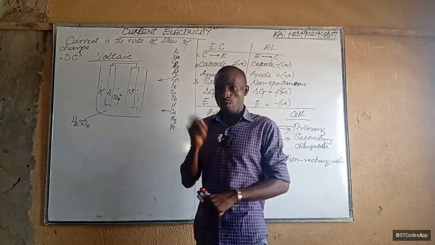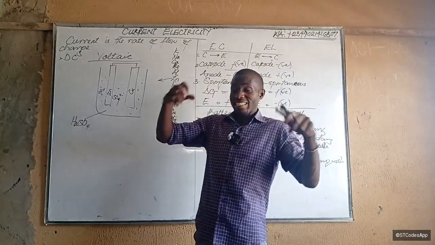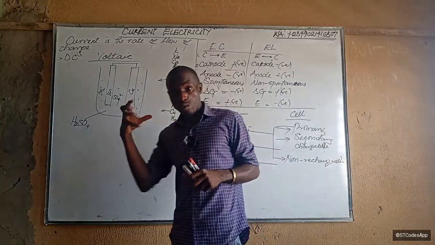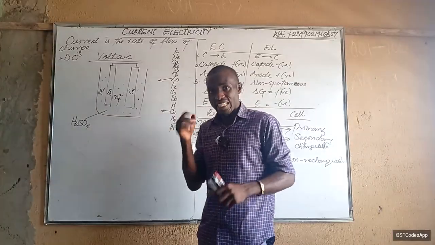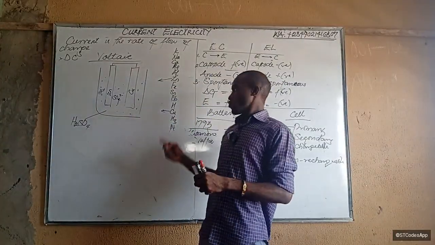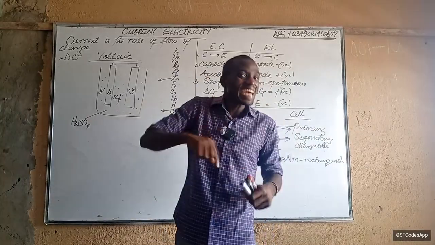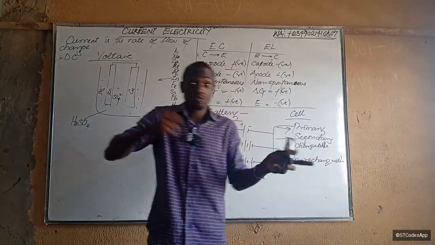So the harder the pull on electrons is, the higher the electrode potential. Exactly. The voltage that is generated is dependent on the amount of pull that the other guy has on the electron. So copper here is the one that is going to be accepting the electron. So we say it has a higher reduction potential. Now, reduction potential simply means that capacity to pull electrons.